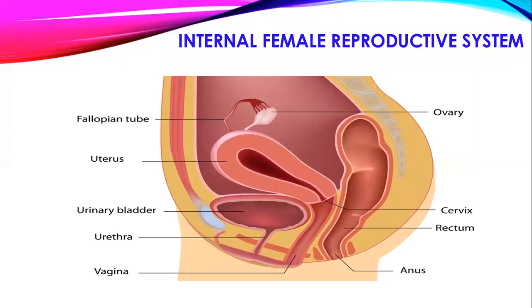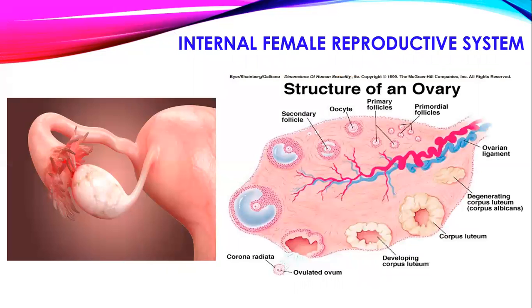There are two uterine tubes, also known as fallopian tubes or oviducts. There is one tube associated with each ovary. The end of the tube near the ovary expands to form a funnel-shaped infundibulum, which is surrounded by finger-like extensions called fimbriae.